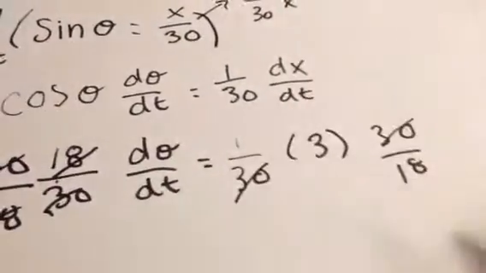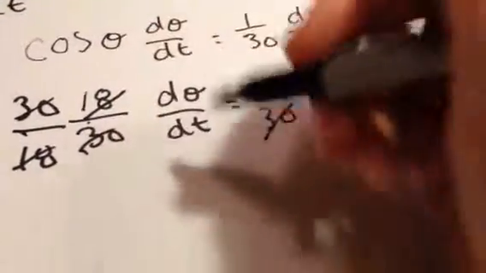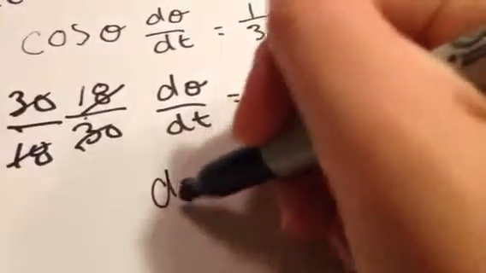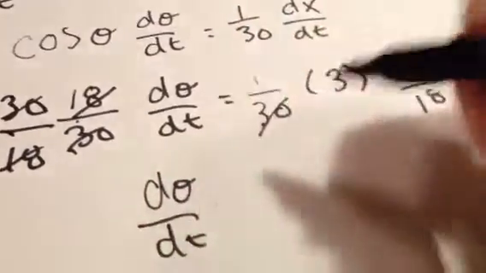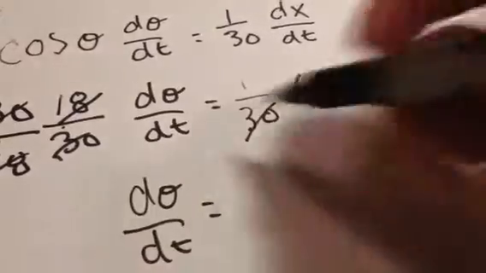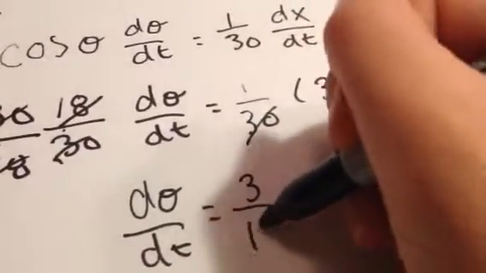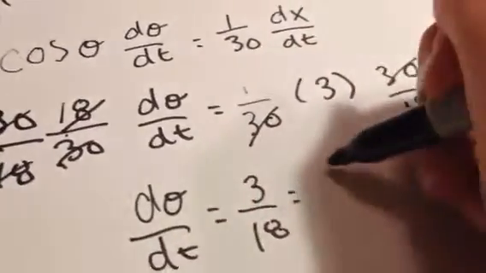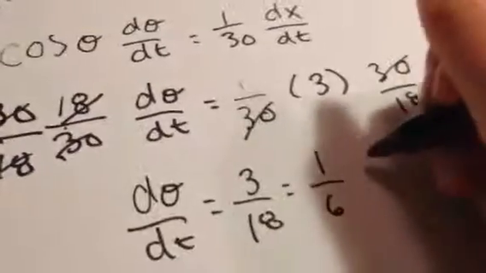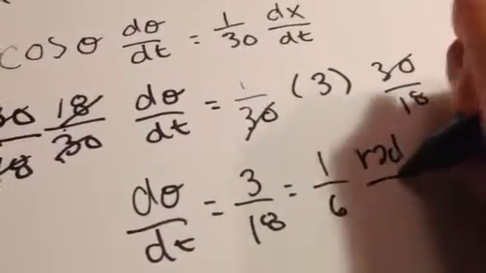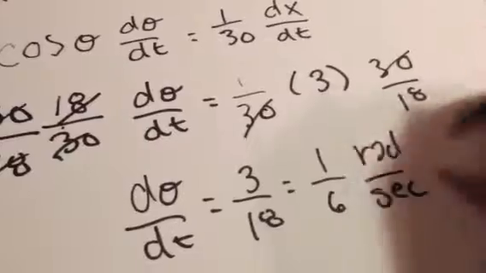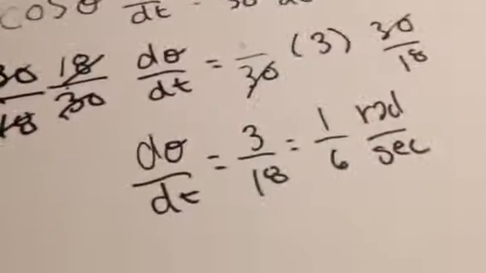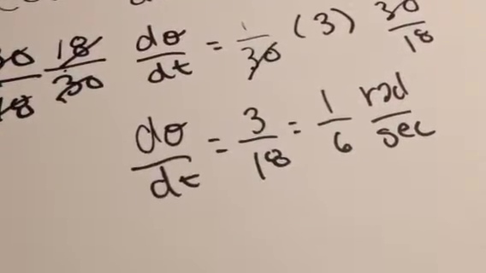So now we've got d theta/dt equals 3 over 18, which is going to be 1 over 6 radians per second.